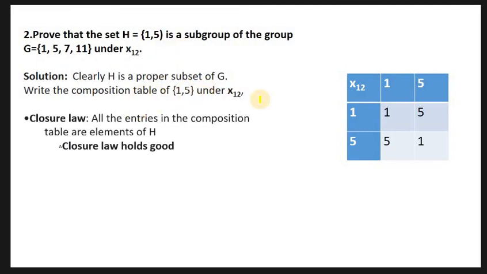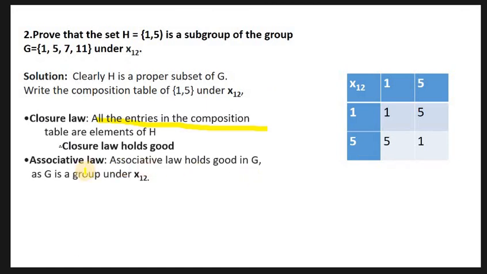To prove that H itself is a group, I have written the composition table here. So in the composition table, the elements 1, 5, 5, 1 belong to the set H. Therefore, closure law holds good, because all the entries of the composition table are elements of H. Therefore, closure law is satisfied. Then the second property, associative property.